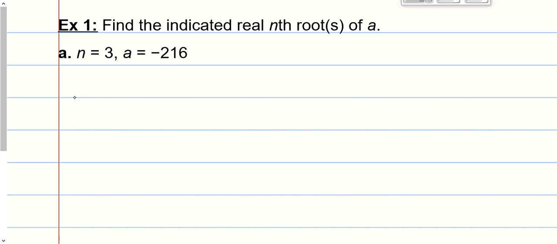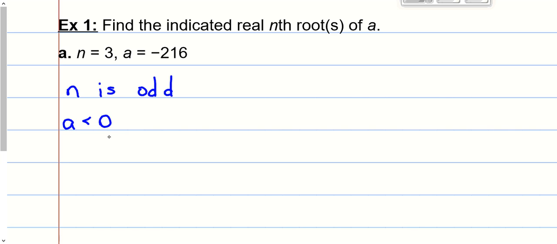So first of all, is n even or odd? Well, n is 3, so n is odd. And a is negative 216, so a is less than 0.